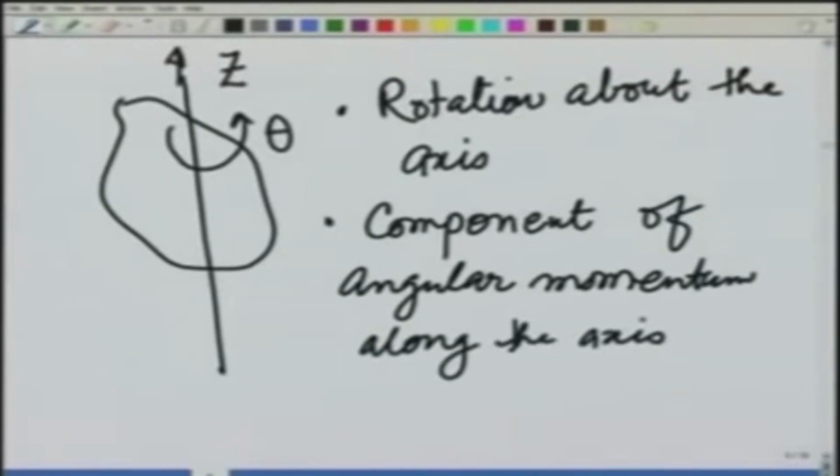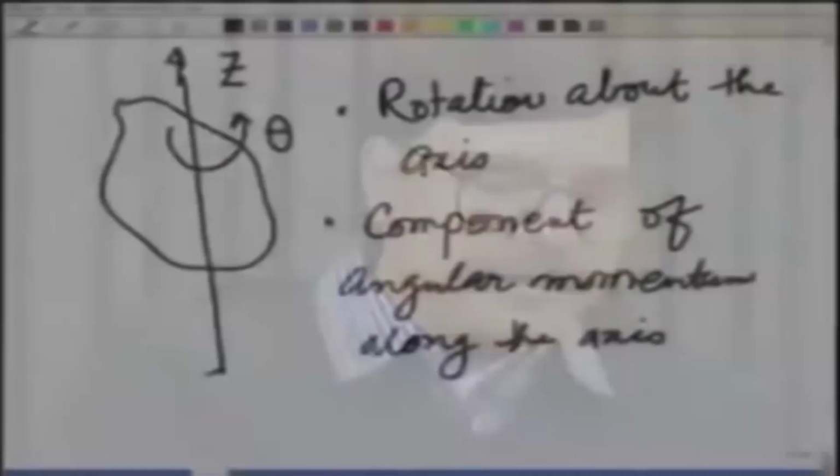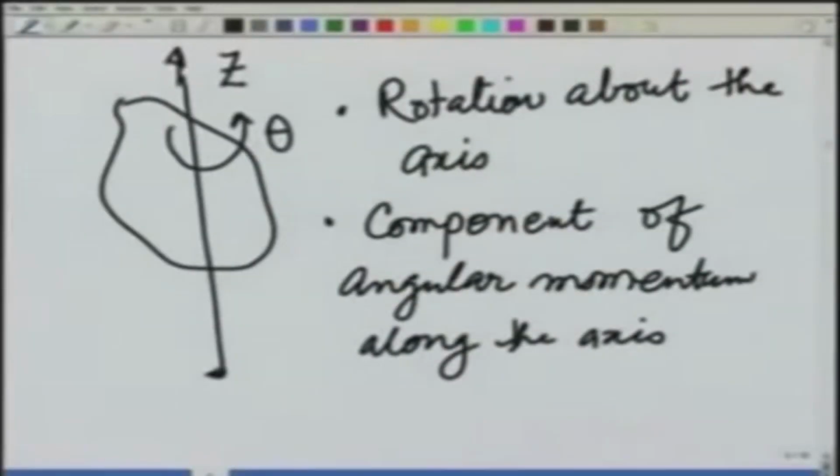Any other component of angular momentum, even if it changes, is compensated for or balanced by the torques applied on the axis to keep it fixed in space.